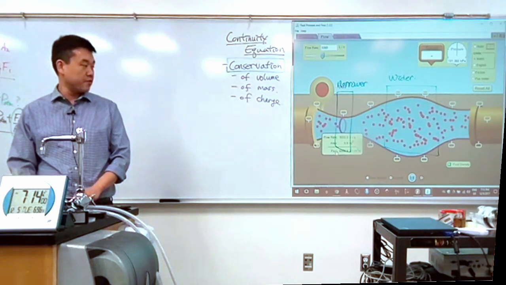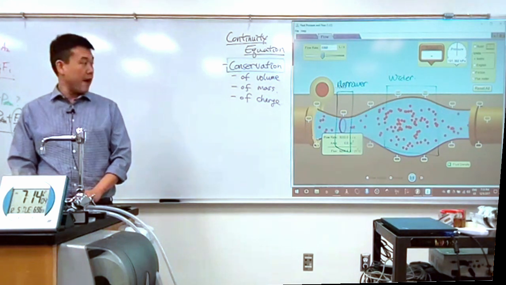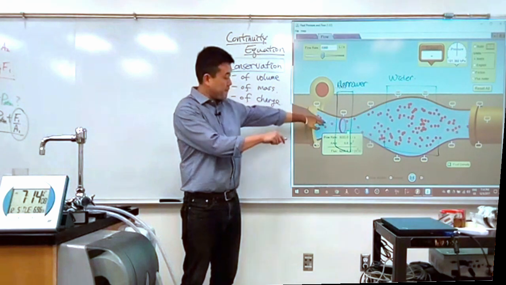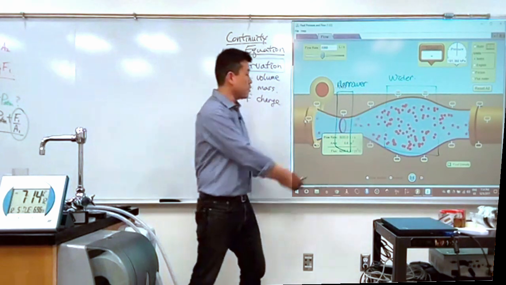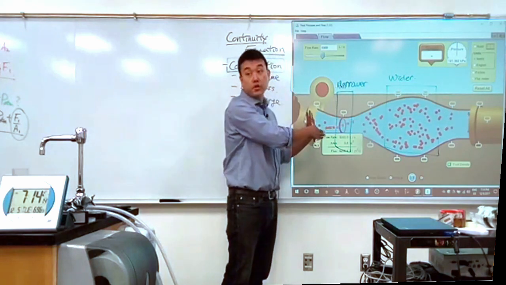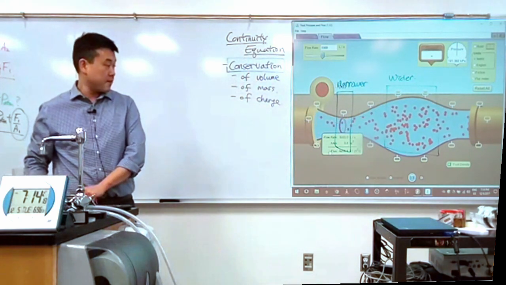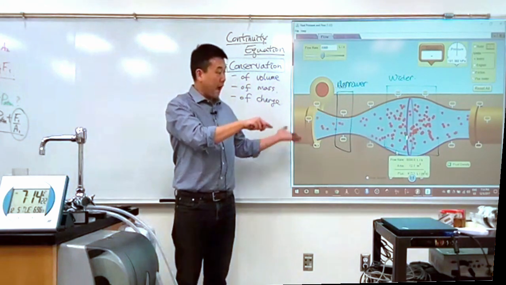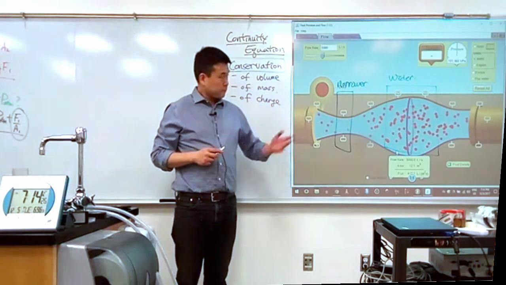The only thing I'm going to pay attention to is the flow rate. Flow rate remains the same. 5,000 liters per second comes in through this section here. 5,000 liters per second has to go through this section because there's no space in between where they can accumulate. And as they come to the wider portion here, still 5,000 liters per second has to flow.